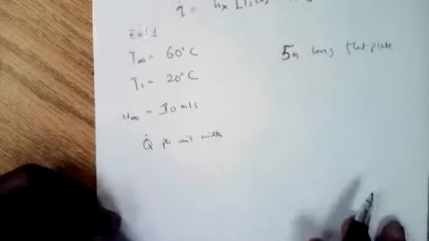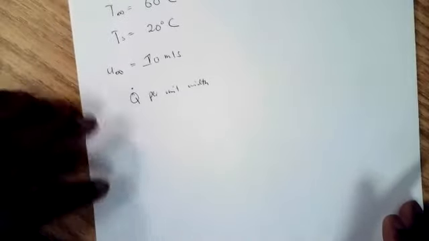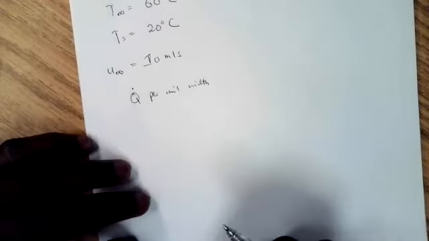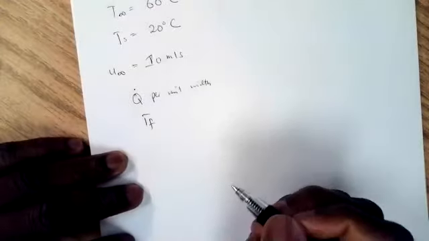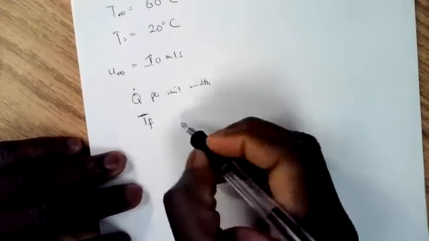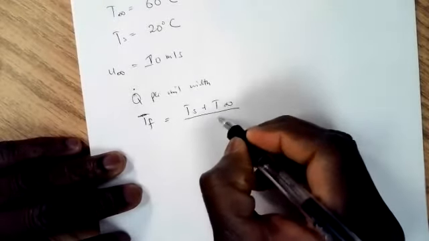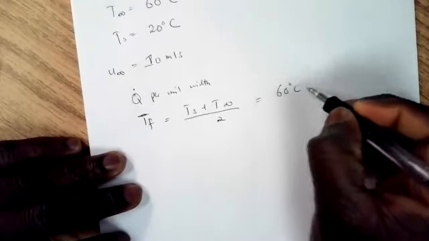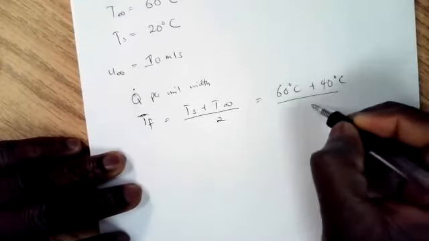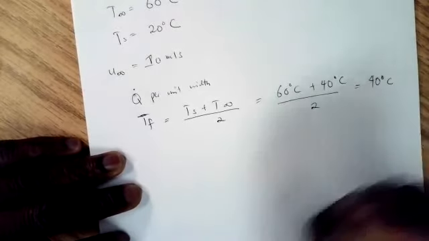So the first consideration is we are going to take some region in the fluid, which will be the center of focus for analysis. Now we're going to find the properties of the thin film. We're going to consider a thin layer in our fluid and check the average temperature. Let's say Tf, the thin film temperature, is the average between the surface temperature and T infinity, which is 60 degrees Celsius plus 40 degrees Celsius divided by 2, and that gives us 40 degrees Celsius.